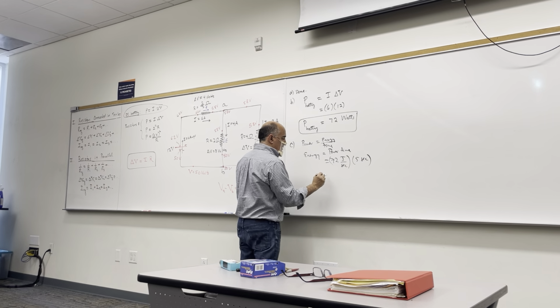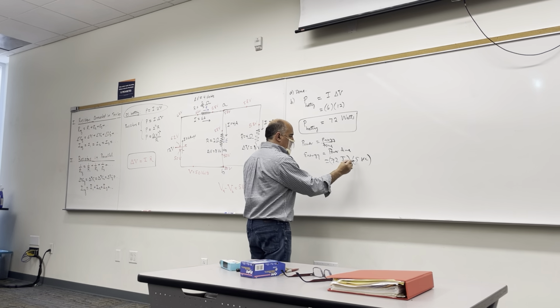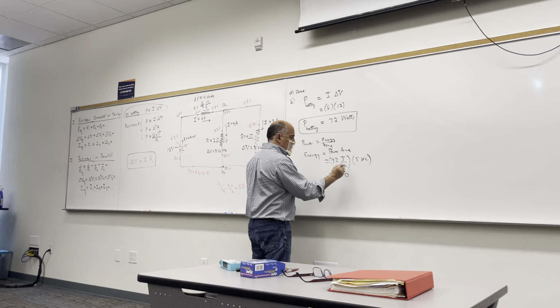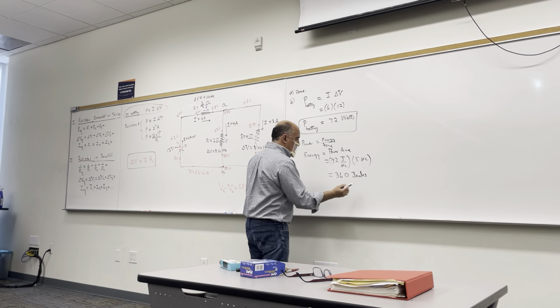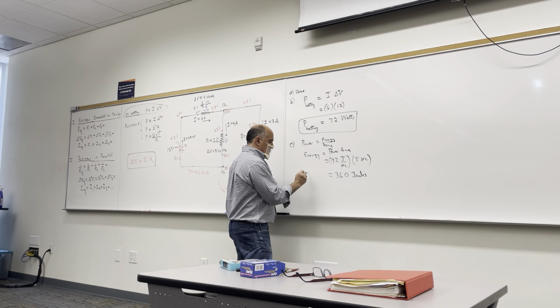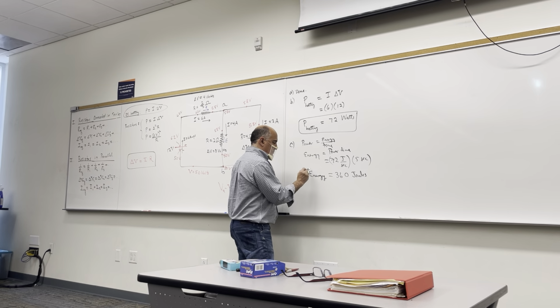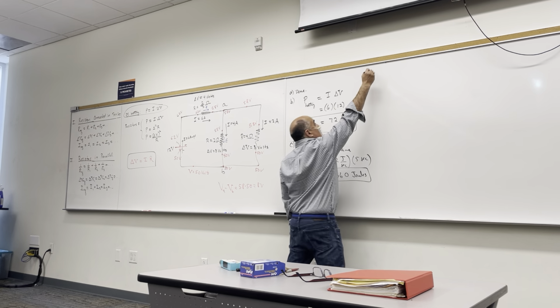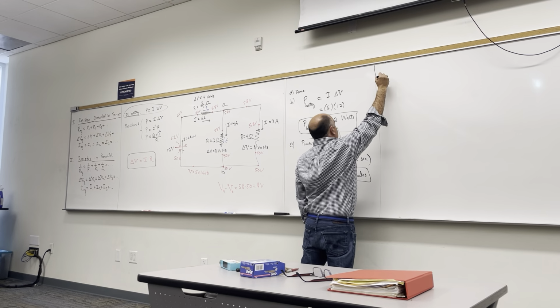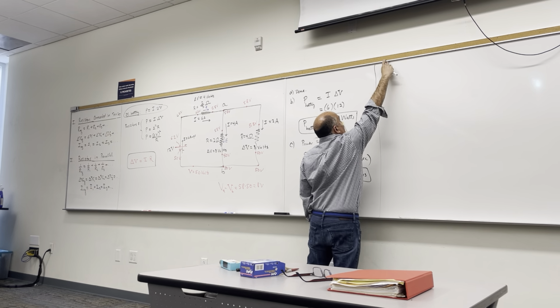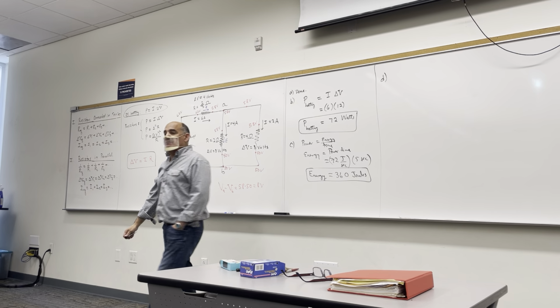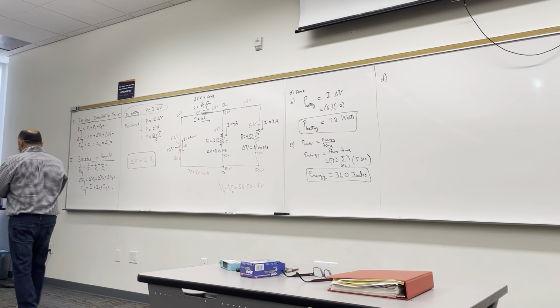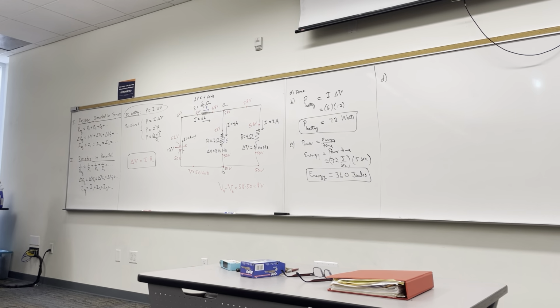So 5 times 72 is 360 joules in 5 seconds. Do you know what the difference is between energy and power? A lot of people think they're the same thing. They're not the same thing.